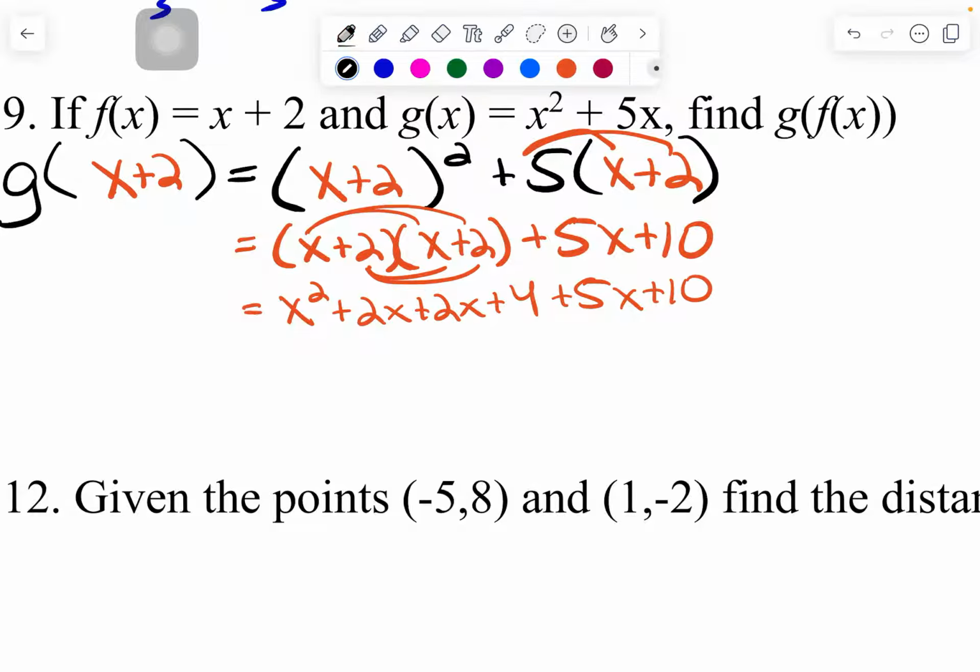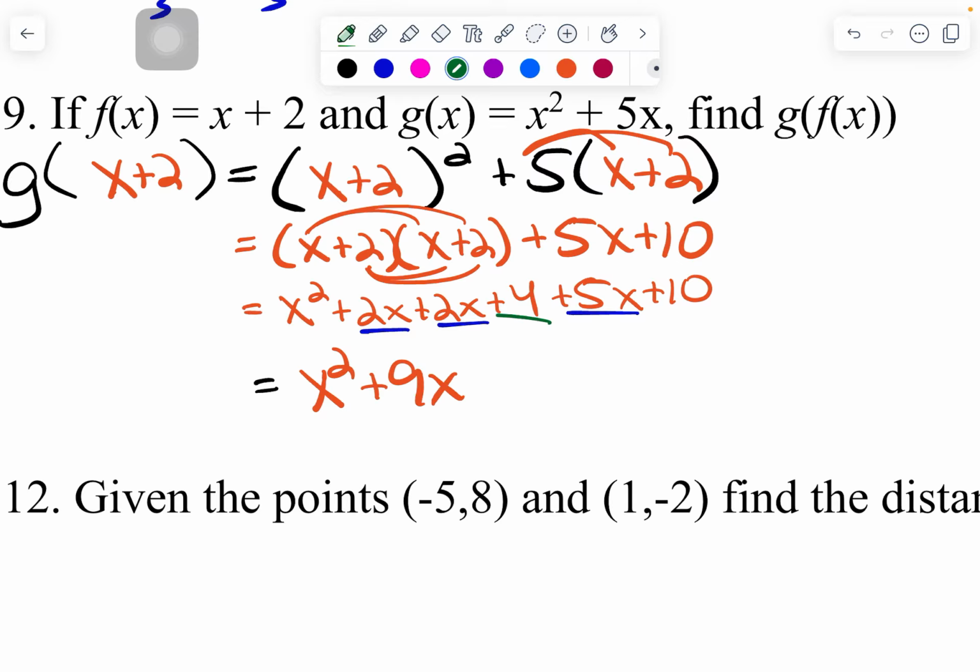And then last but not least, let's go ahead and combine up some like terms here. So x squared, let's see, 2x, 2x, and 5x. And so, 2, 4, and 4 plus 5 makes 9x. Whoops, change color back. So plus 9x.